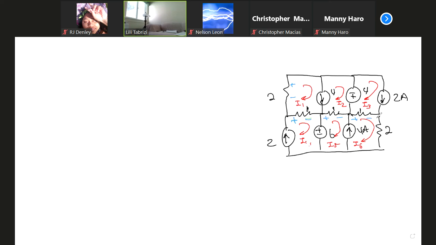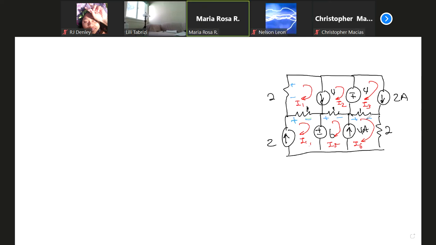We only have, let's see, 1, 2, 3, 4 passive elements. Mendiola: Sorry, Professor, there's one more resistor on the end. Oh, okay, thank you. Plus minus. Yeah, 1, 2, 3, 4, 5 passive elements.